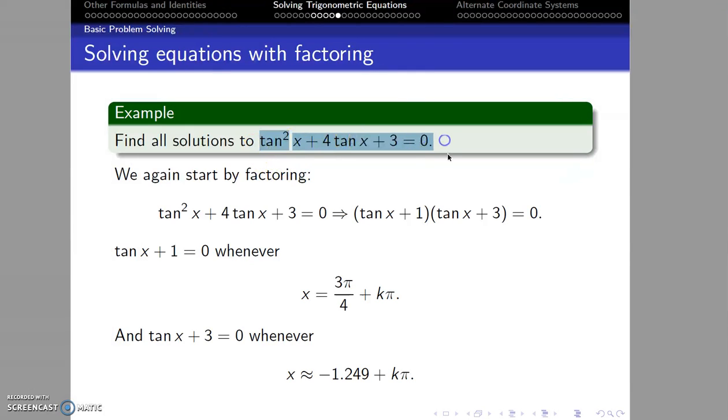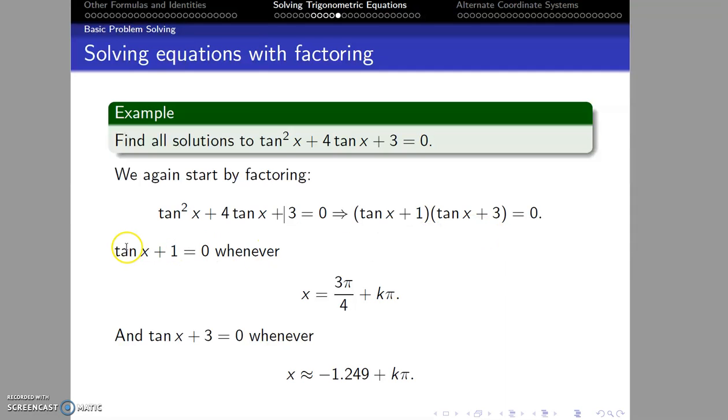Suppose I'm trying to find the solutions to tangent squared of x plus 4 tangent of x plus 3 equal to 0. That is an unknown squared plus 4 times an unknown plus 3 equal to 0. I could use the quadratic formula here, but I could also just factor. Right? I can have two things multiplying to 3, adding to 4, pure algebra. This expression becomes unknown plus 1 times unknown plus 3.